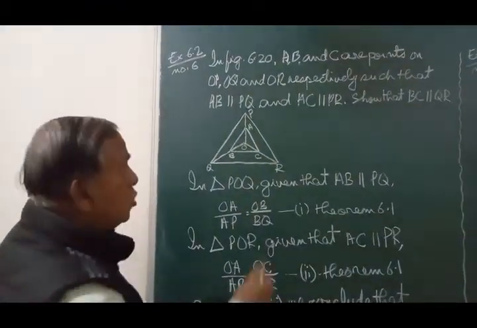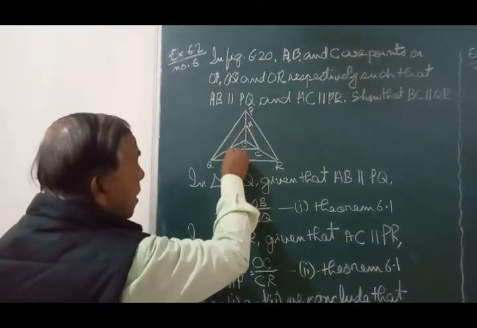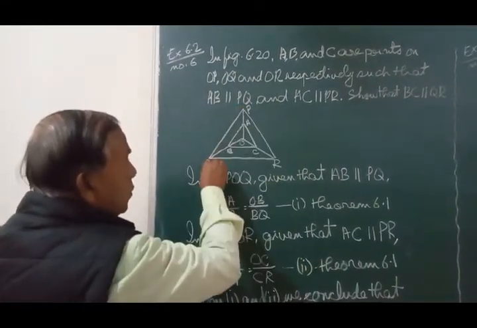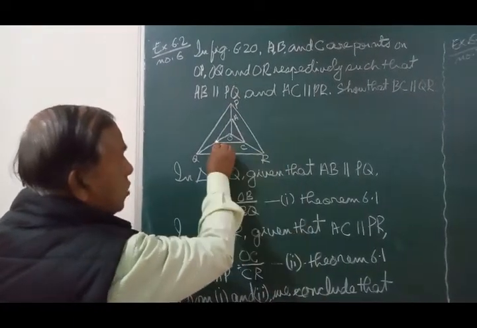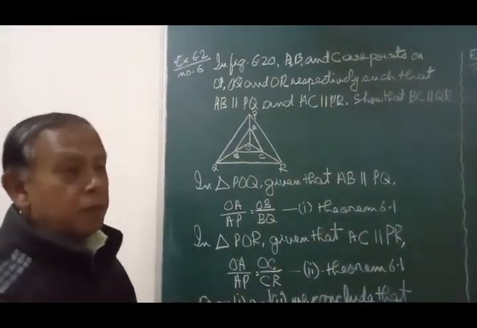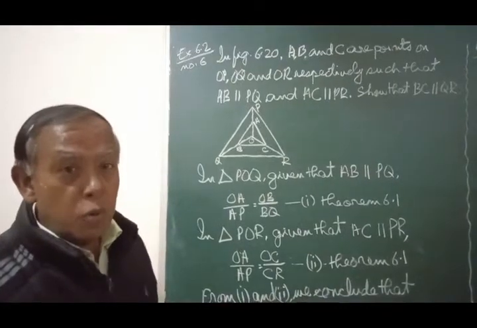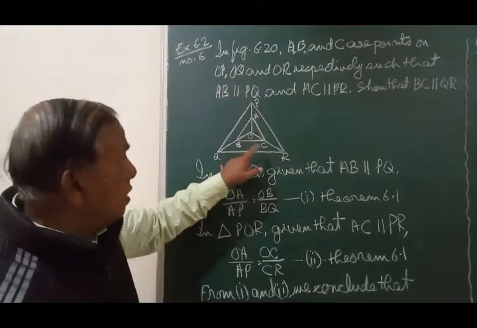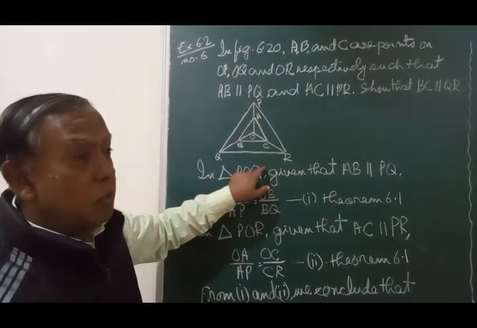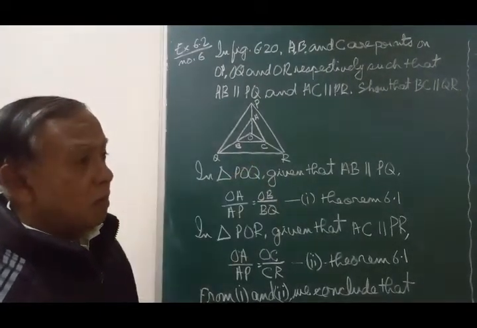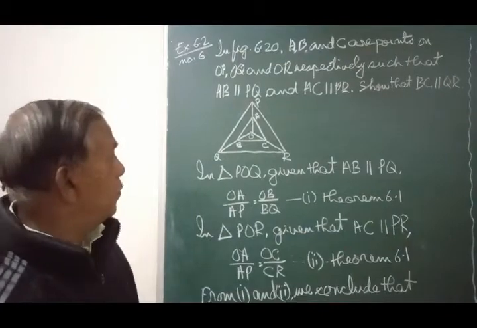And then draw AB parallel to PQ, AC parallel to PR, and join B and C. And what are we supposed to prove? BC is parallel to QR, the third side is parallel to the other third side. Now let us proceed with the proof.